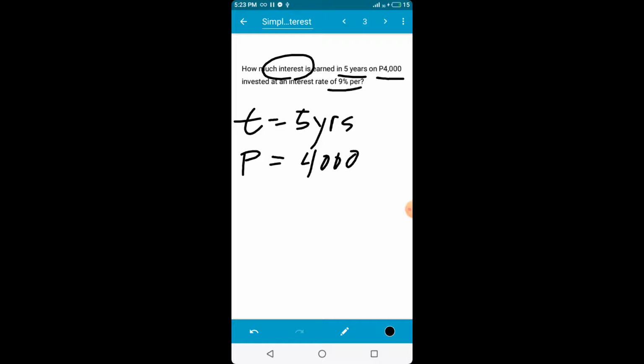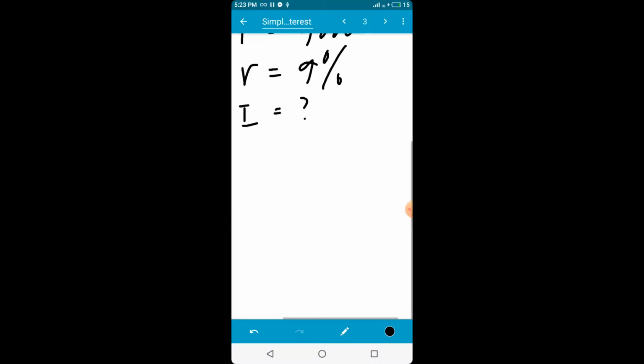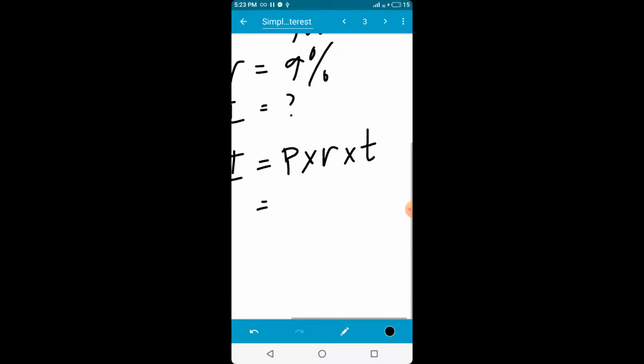And then the 9%, of course, that is the interest rate. Okay? So what we are looking for is the interest amount. Let's solve. We have I equals P times R times T. The principal is 4,000 times the rate of 9%.